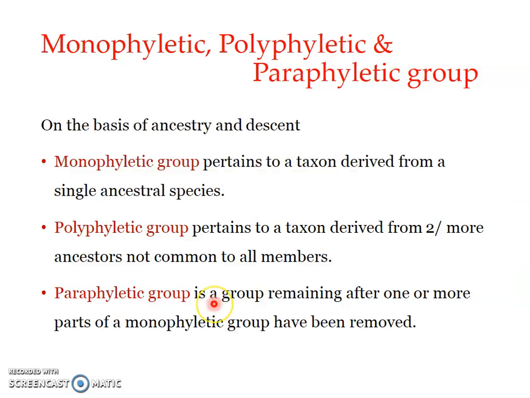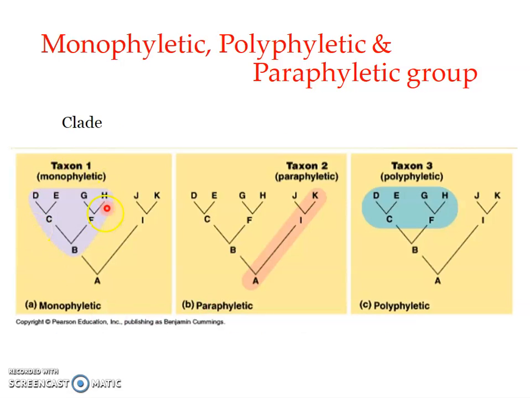Now, what is paraphyletic? A paraphyletic group is a group remaining after one or more parts of a monophyletic group have been removed. So here we have a monophyletic group, and we are removing a few of the members from it. We are taking the ancestor, but we are removing some of the descendants.